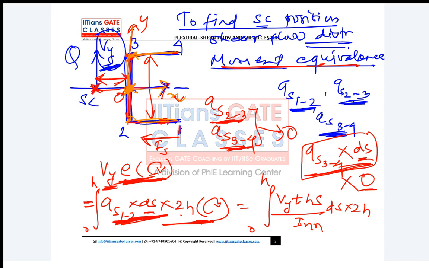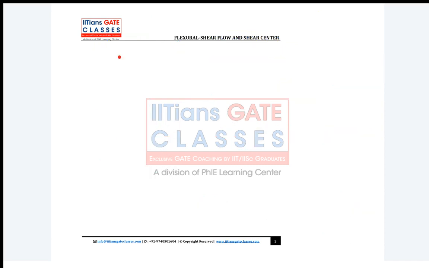Or you can also take it about this symmetry point. What is the advantage if you take it through the symmetry point? We can use 2. Symmetry means, due to this shear flow and this shear flow, of course the moment arm will be the same, so I can write 2 without doing it individually.